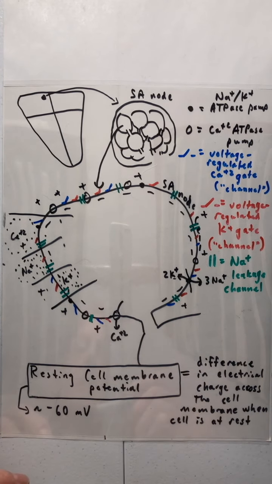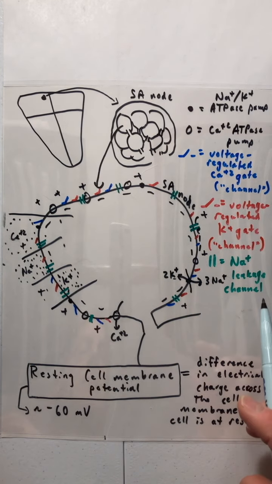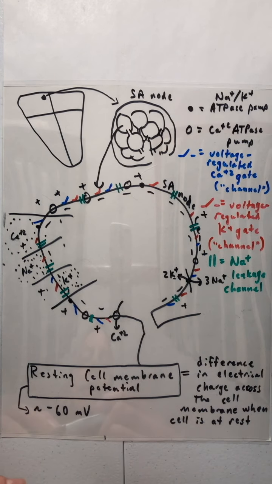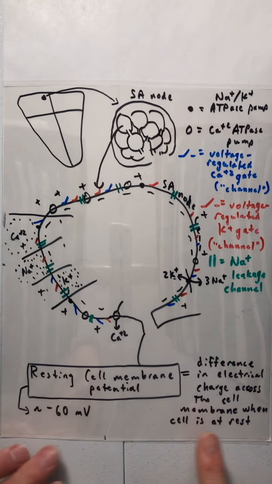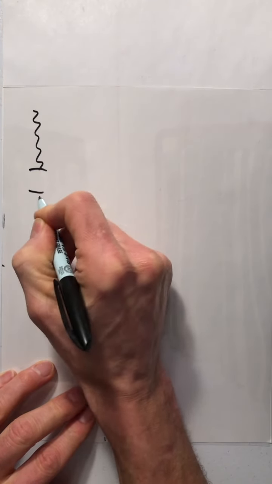Those same pumps exist in the contractile cells. We talked about some voltage-regulated gates, calcium gates, potassium gates, and a sodium leakage channel. We're going to see in the contractile cell that there are voltage-regulated gates that dictate the events of the action potential. So let's take a look at a contractile cell, and let's draw in some of those components we've been talking about.